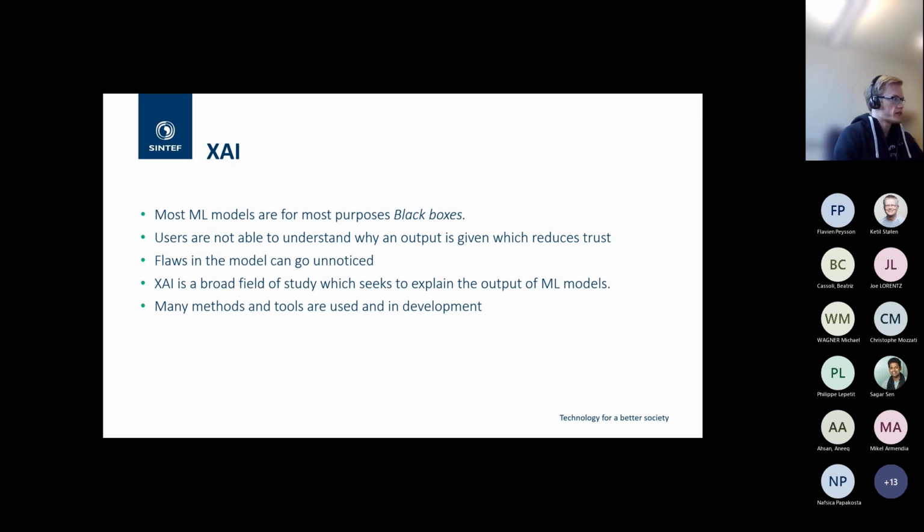So now that machine learning models and AI in general are more and more used for decision making, we need to be able to understand and trust the decision that's made based on AI or based on a machine learning model.